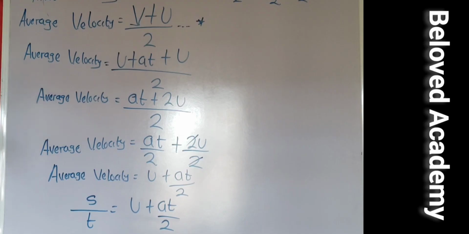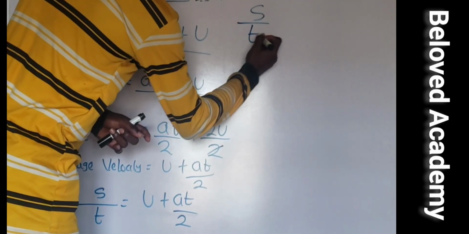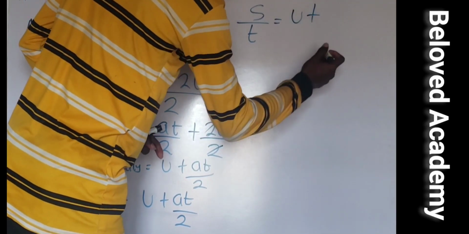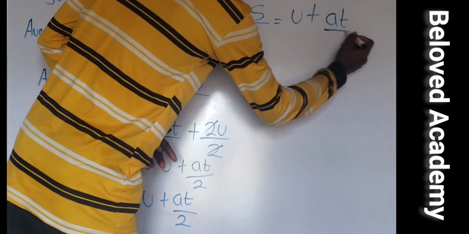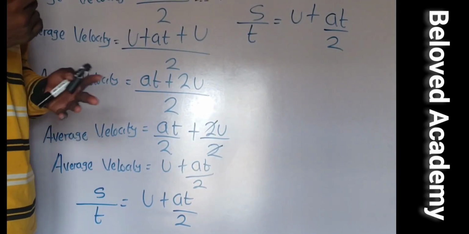So I beseech you, kindly check the link in the description of this video to watch our previous class. That is our first class on these topics. So for this, I'm going to have s over t equals u plus at all over 2.